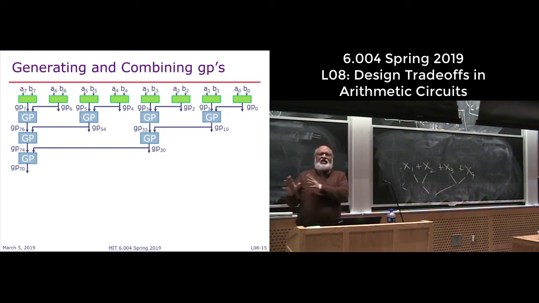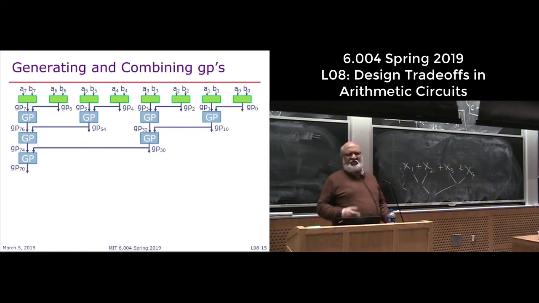Because we left out the carry signal from this. We just studied the generate and the propagate properties of these circuits and kept combining them recursively, right? And by the time you look at this, you should be very good at figuring out how many delays there are in generating these signals.